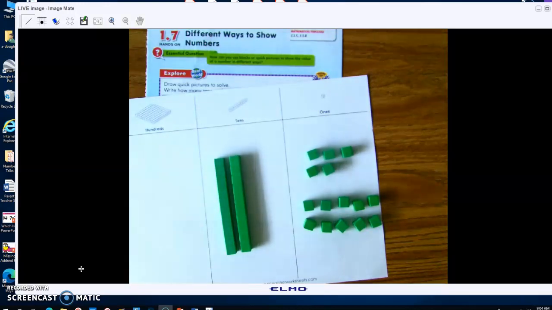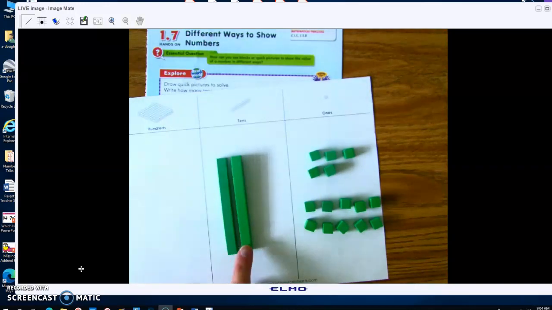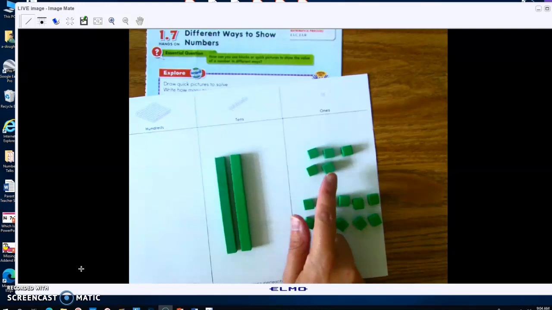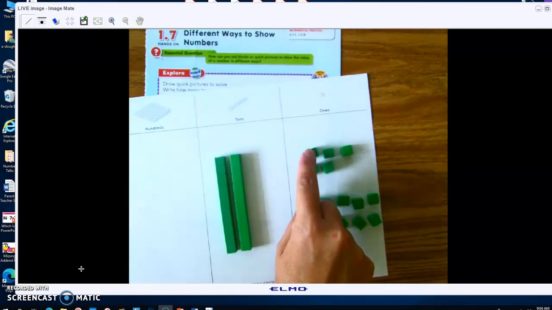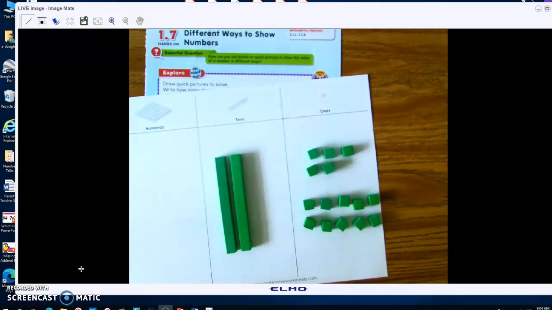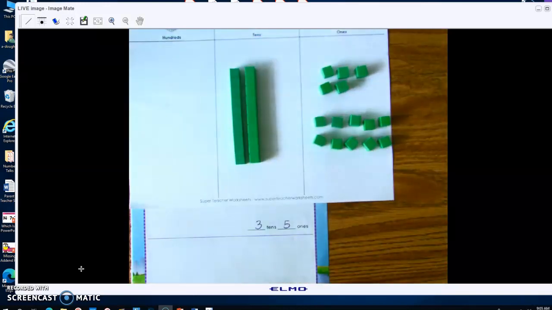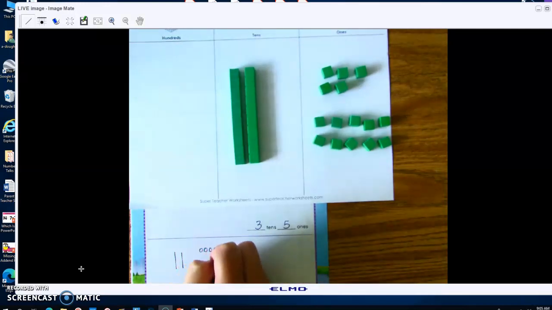Here we go. 10, 20, 21, 22, 23, 24, 25, 26, 27, 28, 29, 30, 31, 32, 33, 34, 35. Do we still have 35 books? Yes. Let's write this different way to show 35 on the bottom here. We did 2 tens, and then we did the 5, and then we did another 10. We had 15 ones.